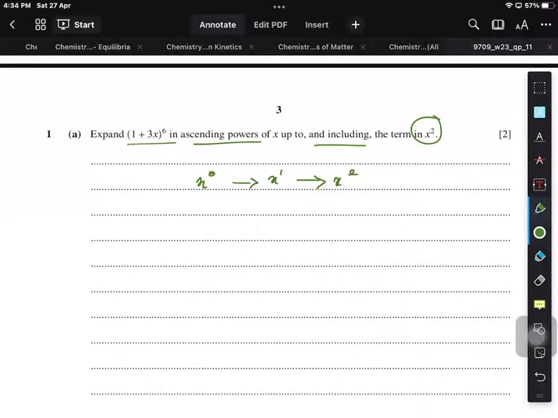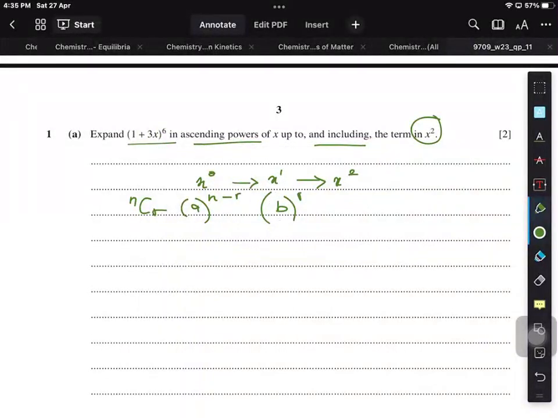Now, using the formula for the binomial theorem, we have nCr a to the power of n minus r, and then b to the power of r. That is how you expand. Now, what would be your r? As you can see, here our x is in the second term, which is the b.